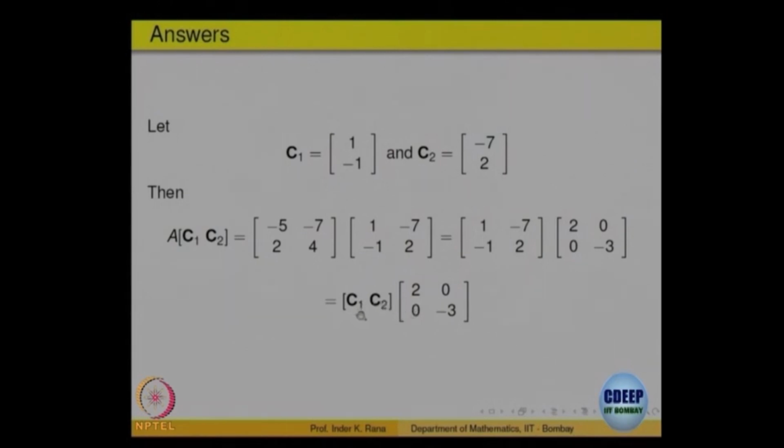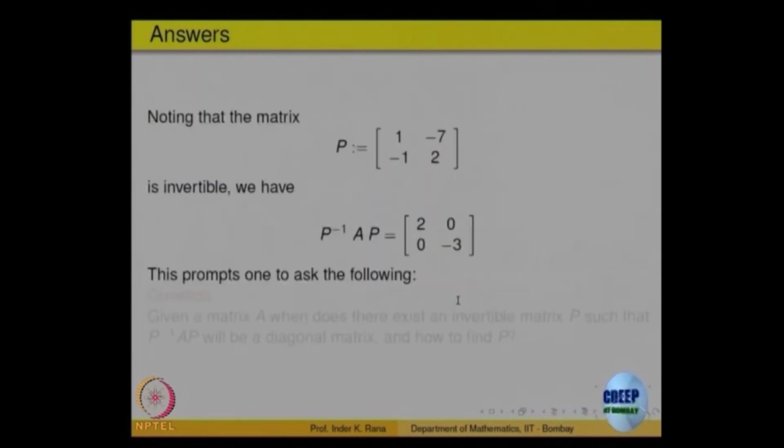P is invertible, so I can multiply on both sides, on the left, by the inverse of this matrix. So, P inverse A P will be equal to this diagonal matrix. Is it clear? I am saying P inverse A P is equal to a diagonal matrix.